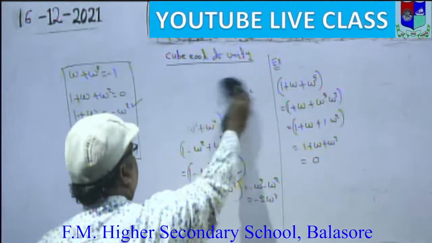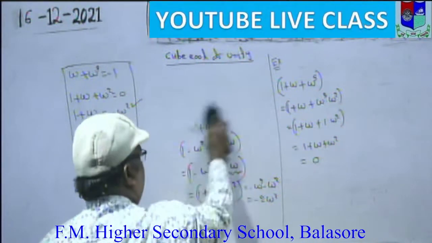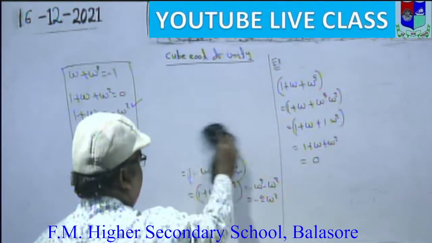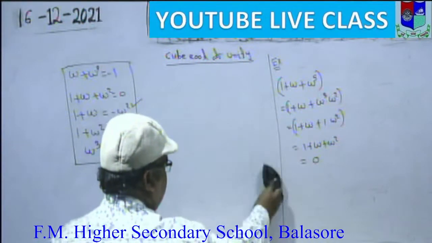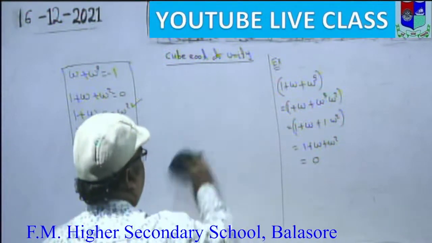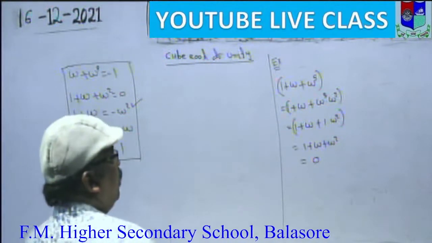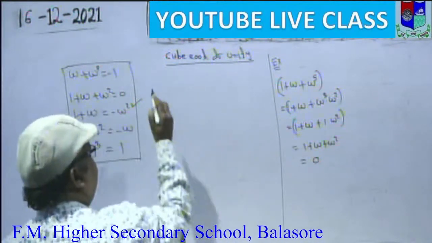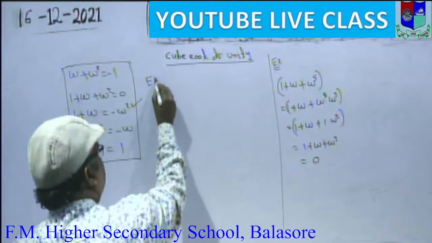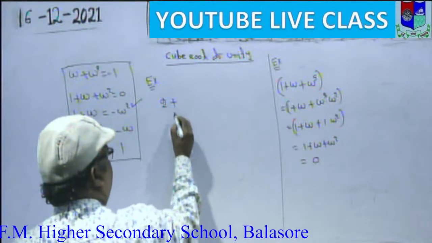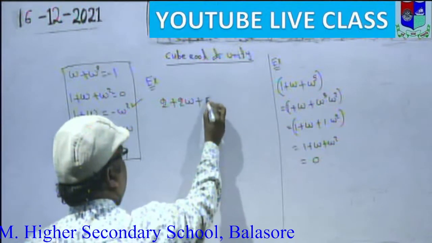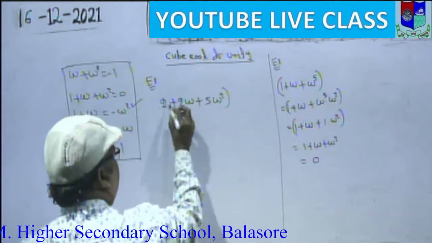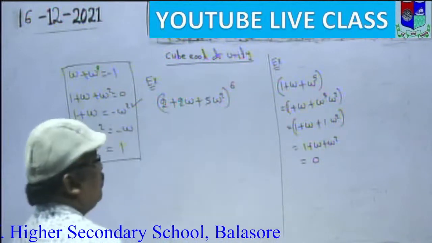Now we proceed to find some powers of omega, in a problem like 1 plus 2 omega plus 5 omega square to the power 6.